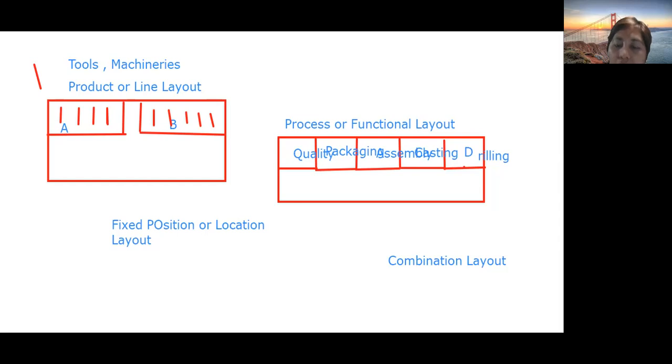So the advantages of the process layout: lower initial capital investment in machines and equipment, because if there is a common operation in making the different products, then there will only be one machine to be used for that particular operation.